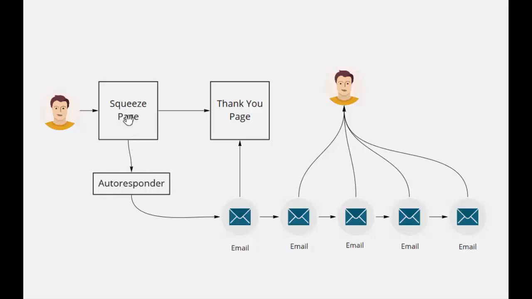When people fill in their email address and get put onto your autoresponder, you can then email these people as often as you'd like. Now, you can set this up once and it's automatic for everyone that signs up. You don't have to send out emails manually.